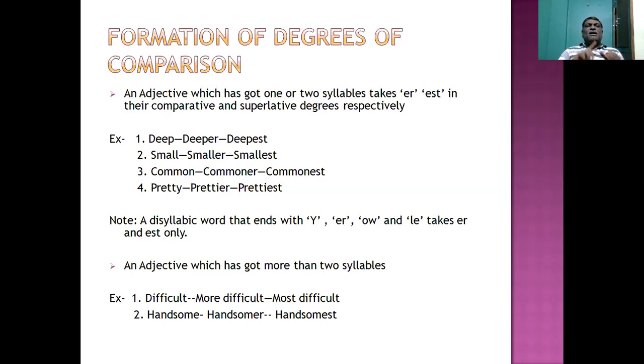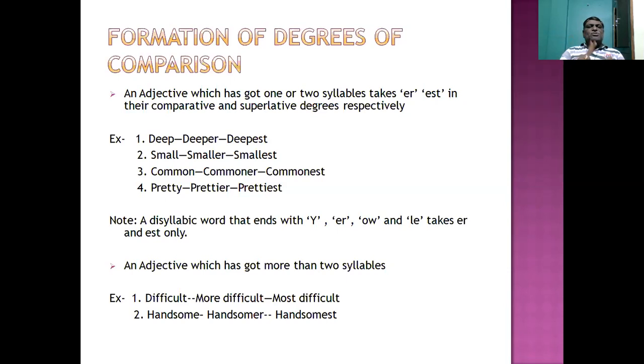For example, deep, only one syllable it has. That's why deeper, deepest. Positive deep, comparative deeper, superlative deepest. Small, smaller, smallest. Let us look at the word common. Com is one syllable, mon is another syllable.